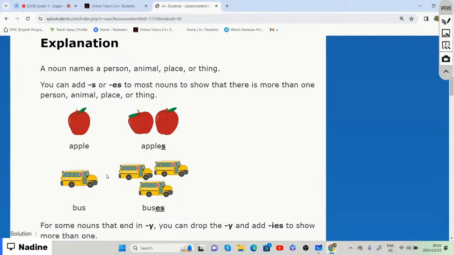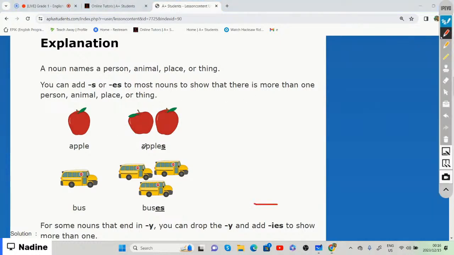And here's another example. One apple, more than one apple makes apples. So one apple, two apples.